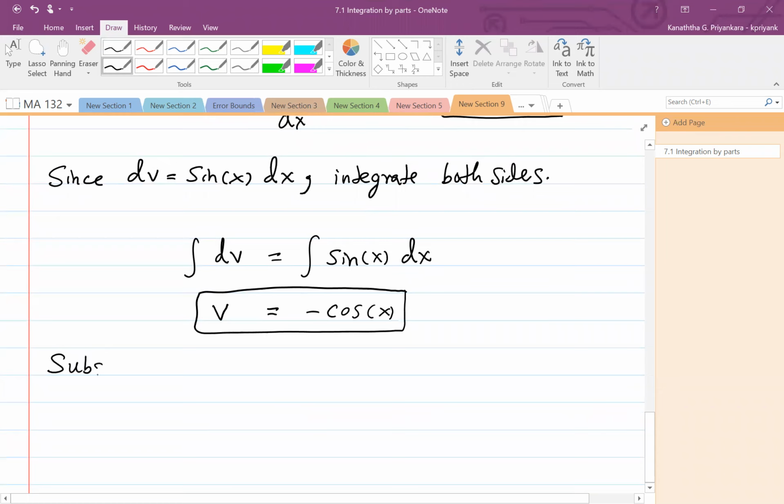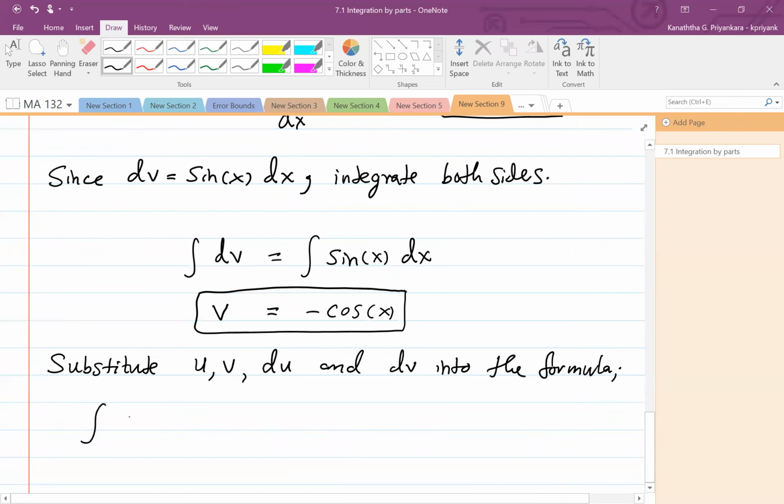Substitute u, v, du, and dv into the formula. The formula is the integral of u dv equals uv minus the integral of v du. So I'm going to substitute each term.